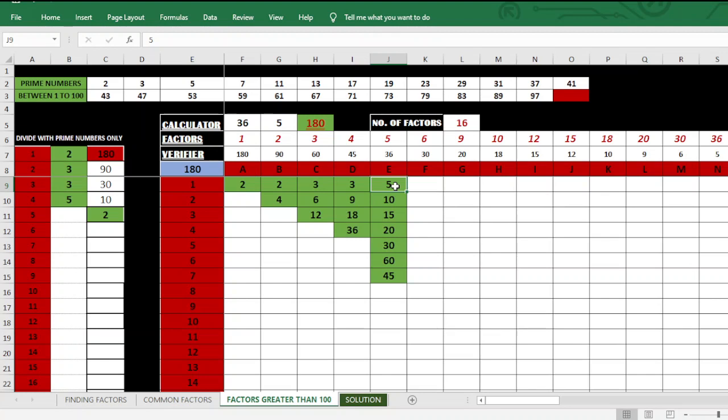What do you get? And then our final one was 36 times 5. So this time should give us what? 180. 18 factors in all.